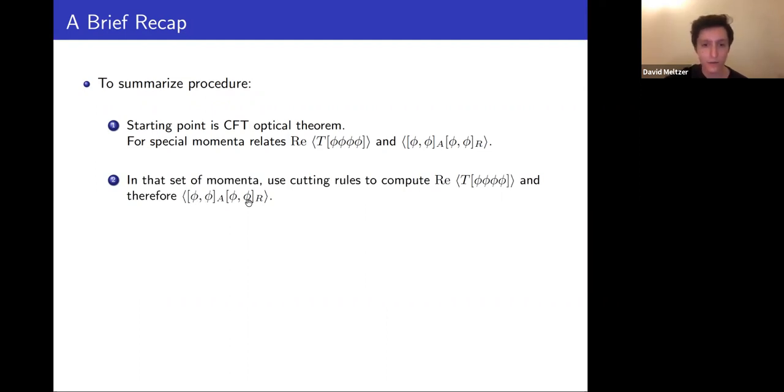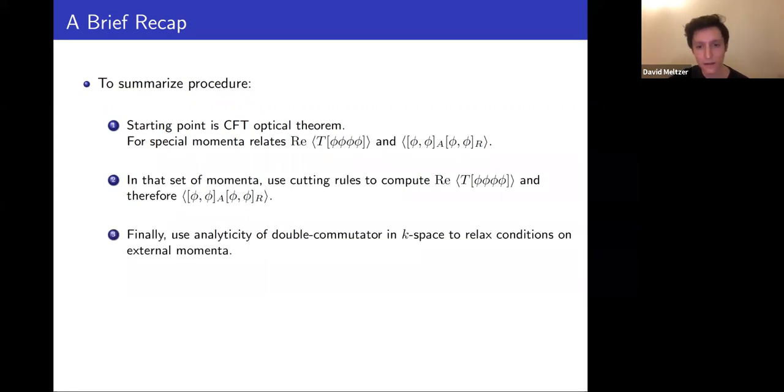And finally, we use analyticity in momentum space to relax those initial conditions so we can get the full double commutator for generic momenta. So this was the argument. This was why Polyakov liked the double commutator, because it was related to the real part, which factorized nicely. But then he could use analyticity to reconstruct the full object and Fourier transform to position space.